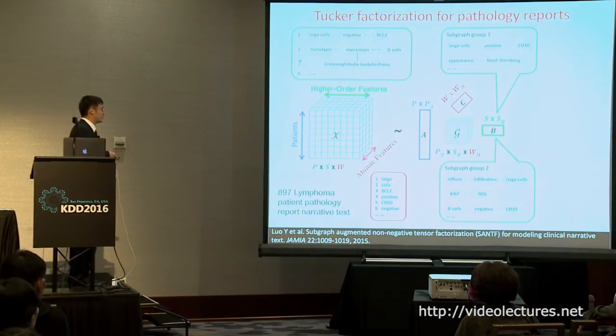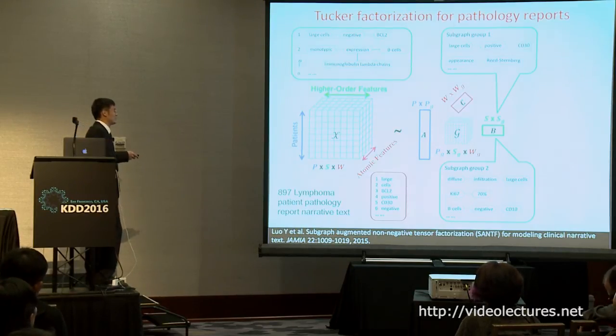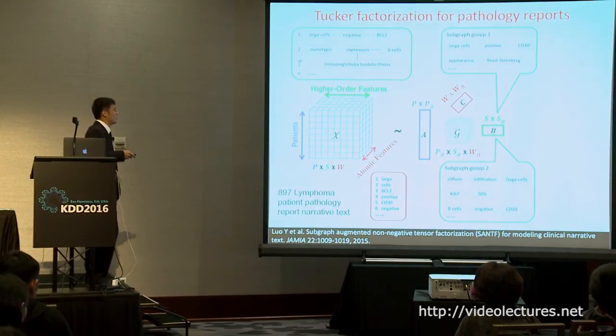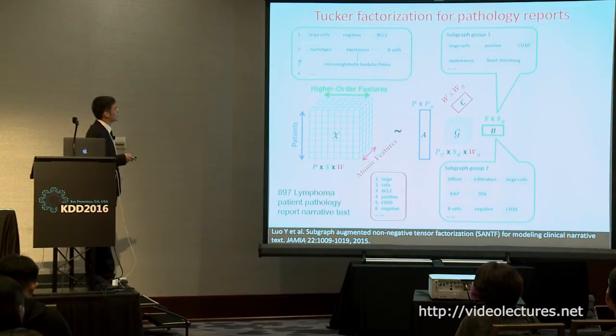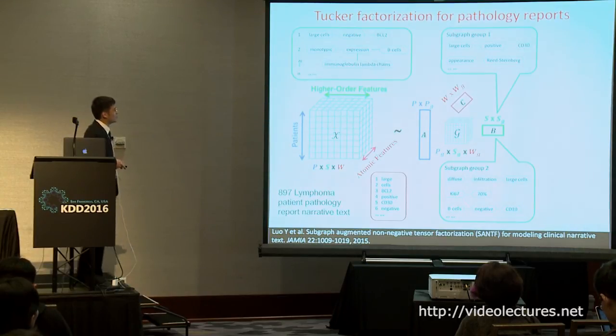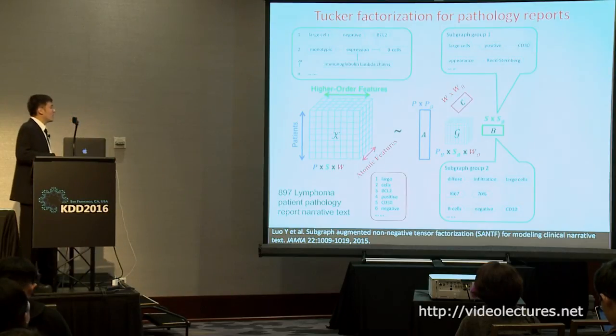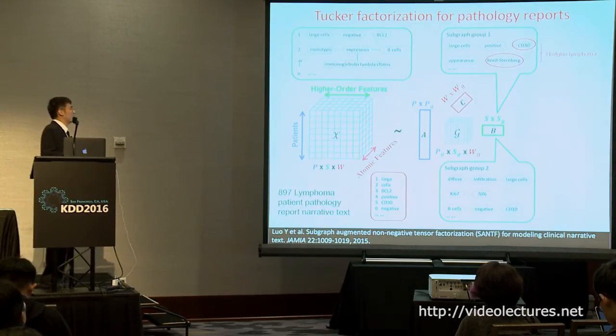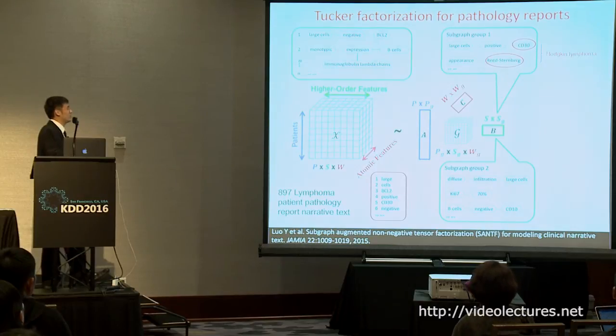They do the Tucker factorization with one group being the P by P group, which is the patient group, and the W by W group, which I think is the high-order feature group, a part of the language graph, and this one, the S by S group, is the language subgraph group. And they claim that using their algorithm, they can identify some types of cancers from the pathology report.